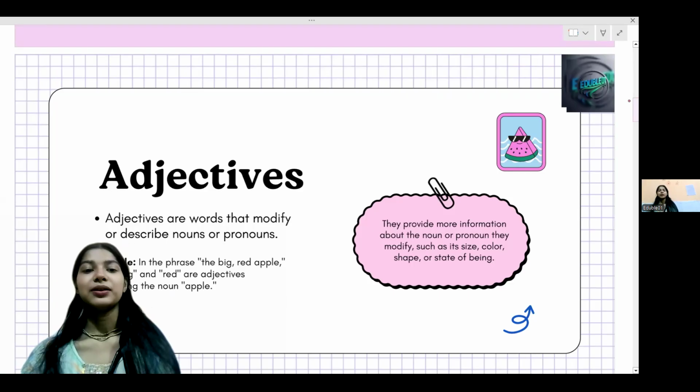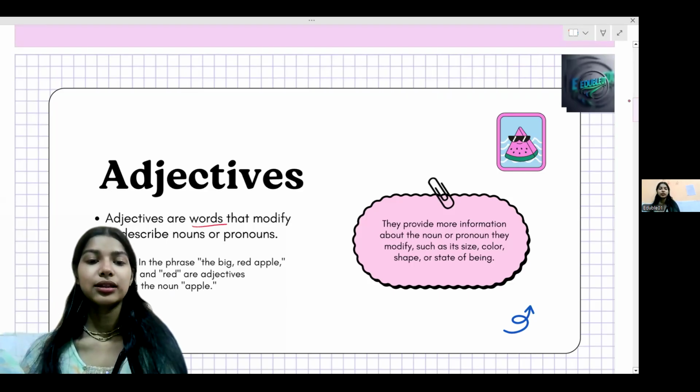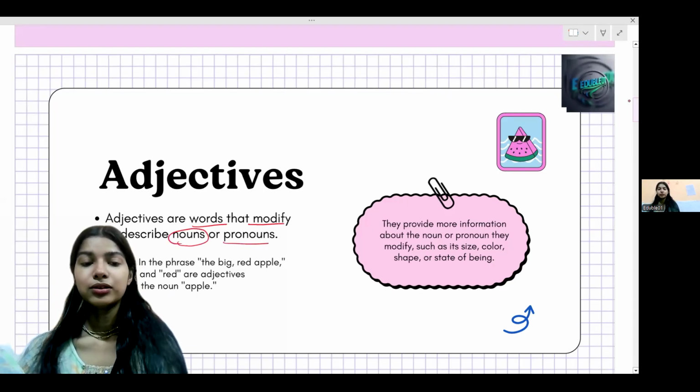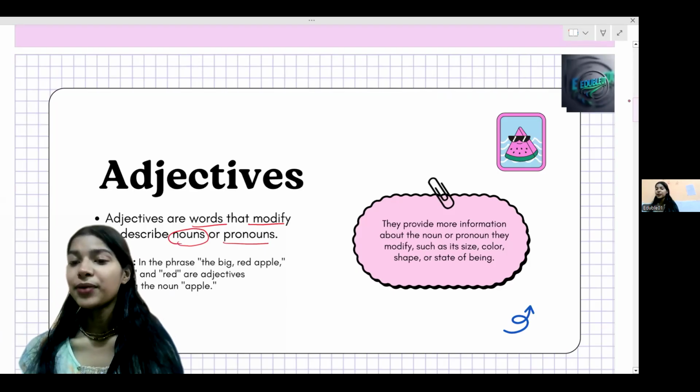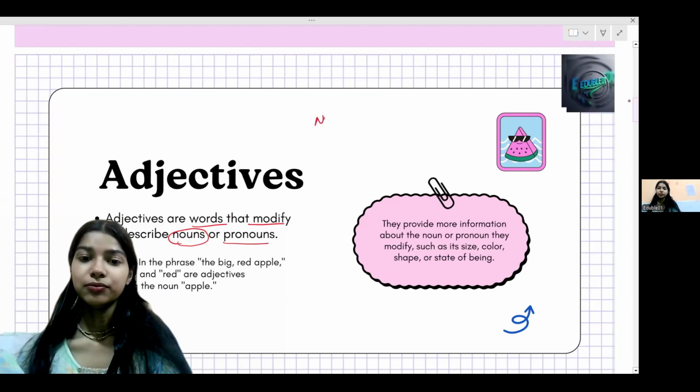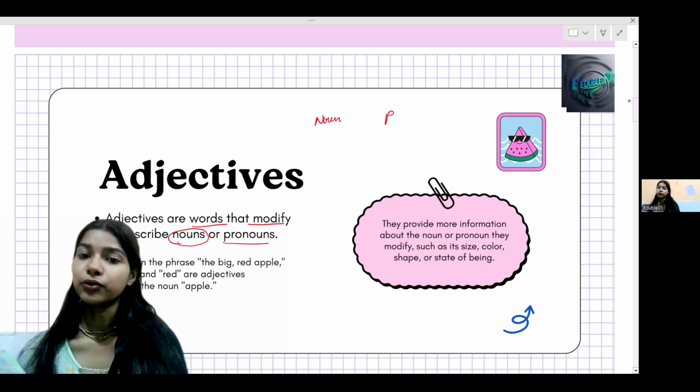So adjectives are basically the words that modify or describe nouns or pronouns. Basically any part of speech revolves around a noun or a pronoun.